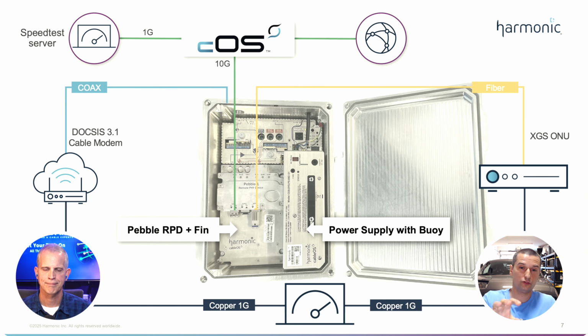Exactly, and what is shown here on the picture is the compact version of our node that serves better for MDUs. But there are different flavors of nodes that have the same kind of Pebble RPD. And you're absolutely right.